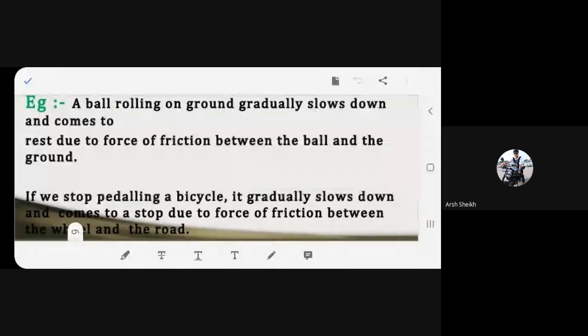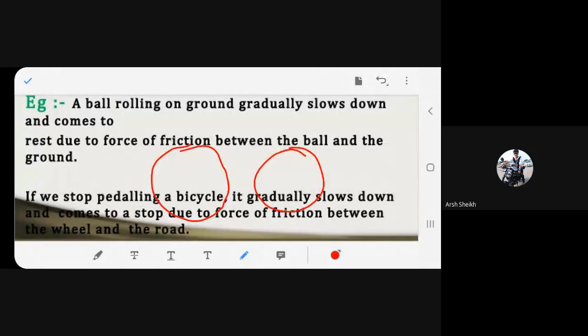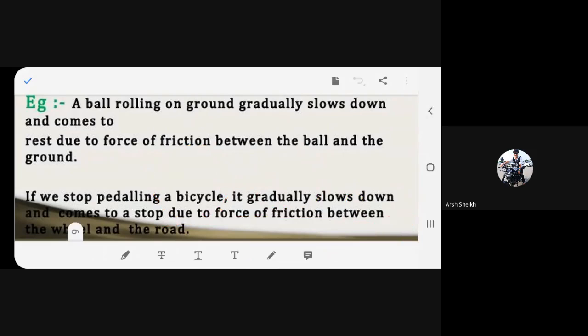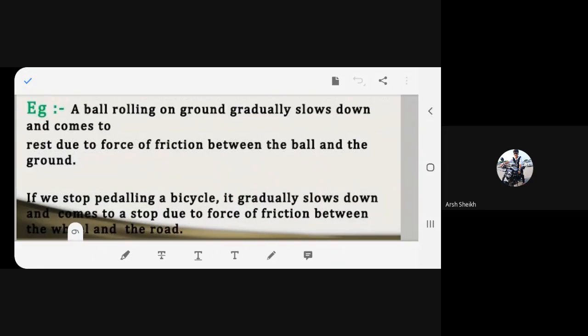It is between the wheel of the bicycle and the road. So it is the friction between the wheel and the road which is not allowing the bicycle to move forward. Have all of you understood now?